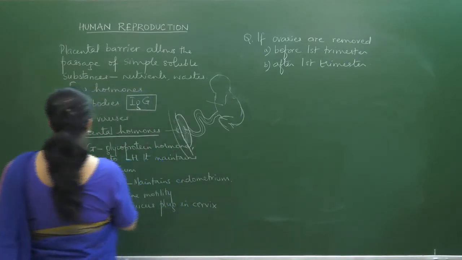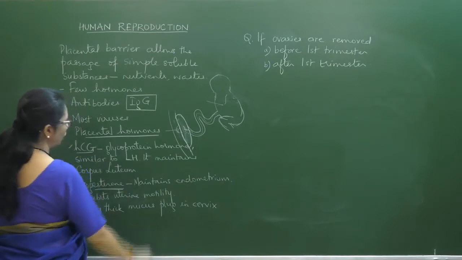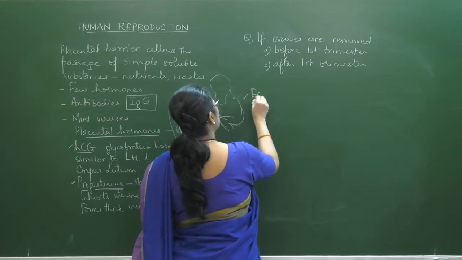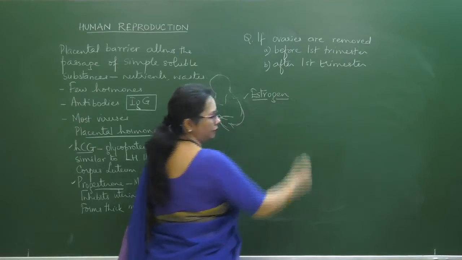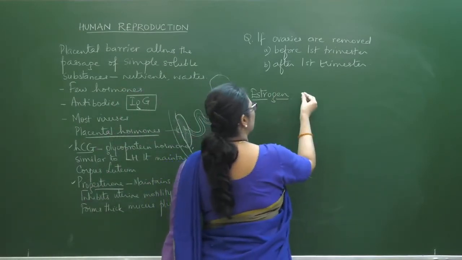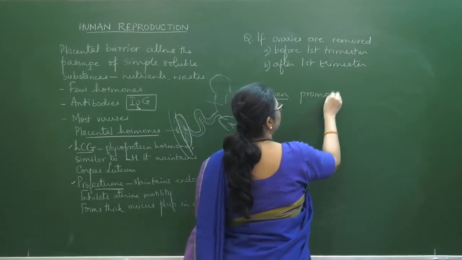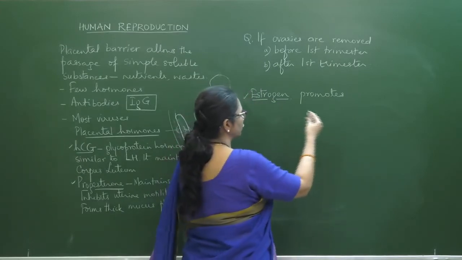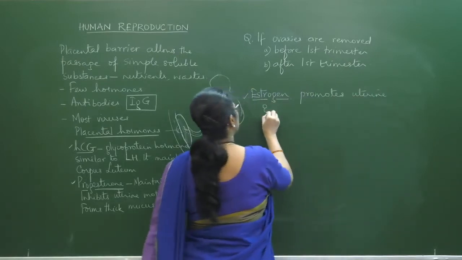By the time we can take the next hormone from the placenta. So you see progesterone, this will do. Then the next hormone, that is estrogen. Now estrogen promotes uterine growth, because as the fetus enlarges, the uterus also has to keep on growing. So that is because estrogen promotes uterine growth.